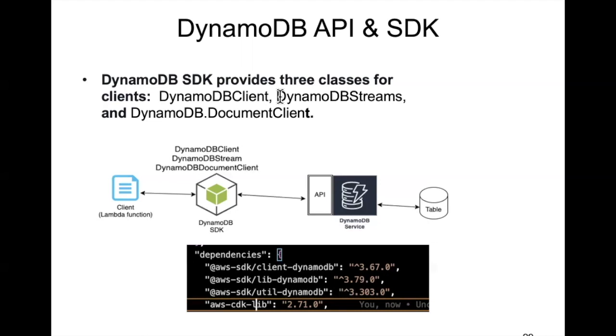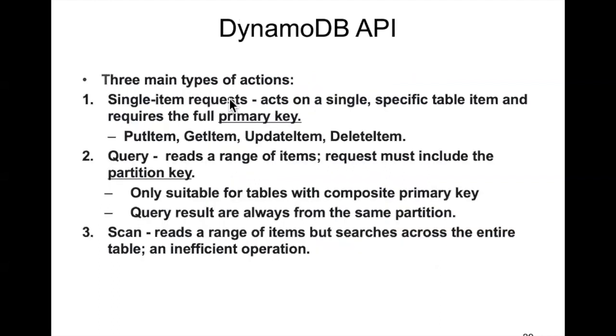Now, just at a technical level, to communicate with the DynamoDB service, your client, or Lambda function in our case, needs to create an instance of a DynamoDB client. And it turns out that there are 3 types of clients provided by the SDK. There's a low-level one, which is this one here, DynamoDB client.